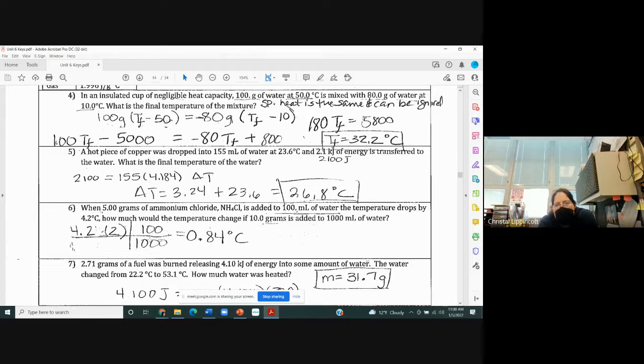Oh yeah. So that's where the 2 comes from. Okay. And then the mass went from 100 to 1,000. So that's where that comes from. Because you doubled it. Well, no, because you increase it from 10 grams up to 1,000 grams. Oh, times it. And you just do that.